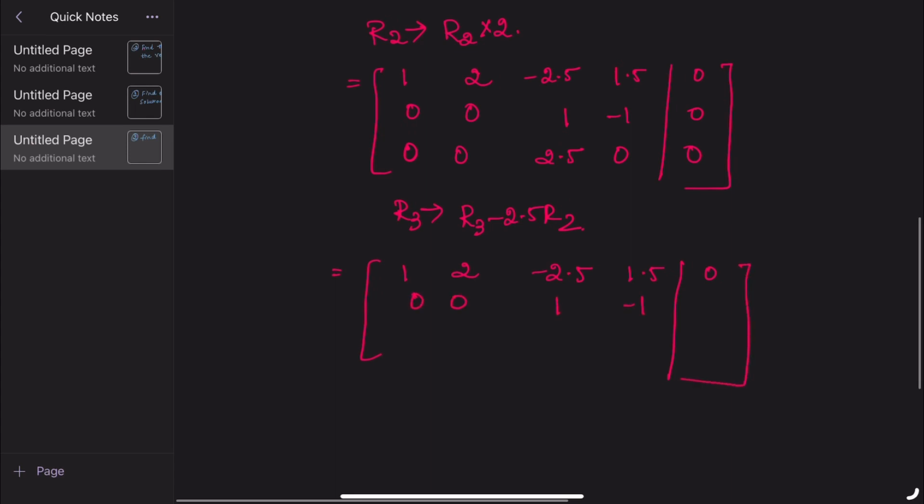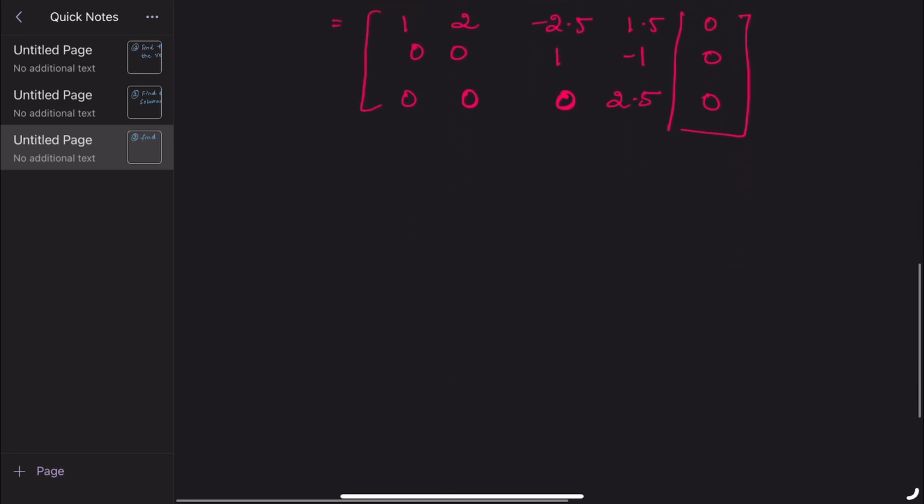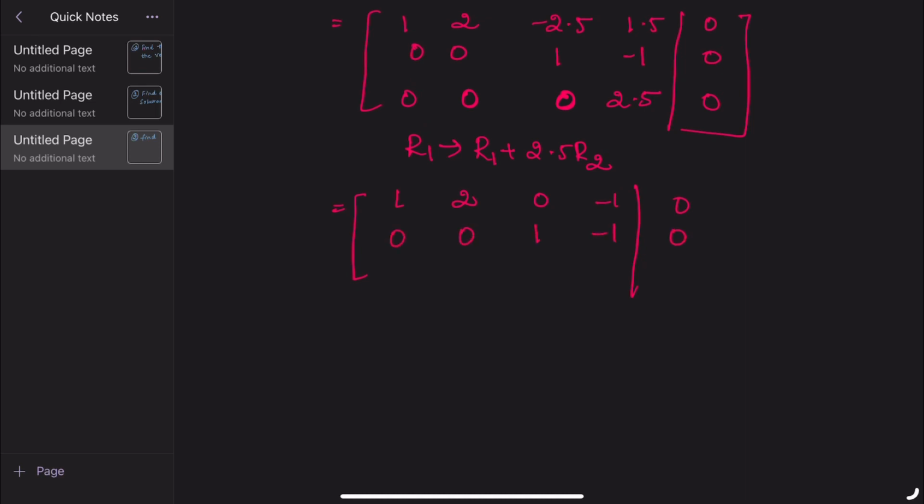So 1 -1 0, 0 0, 2.5 0. Now R1 changes to R1 plus 2.5 times R2. So what will I get? Row 1: 2 0 -1 0, row 2: 0 0 1 -1 0, row 3: 0 0 0 2.5 0.